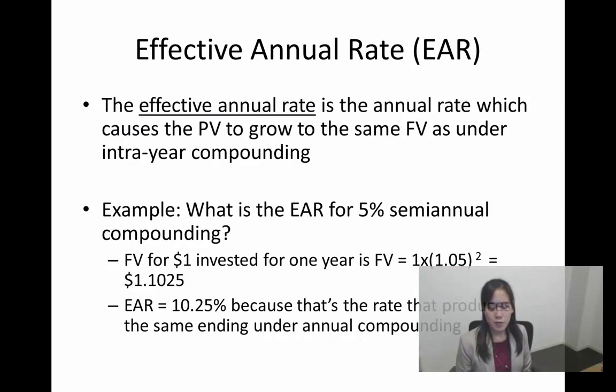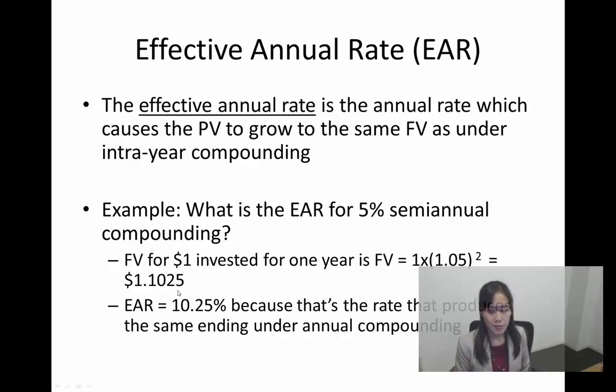All right, well, if we invest $1 now, in 1 year, that $1 would compound twice at 5%, so the future value in 1 year is just 1 times 1.05 squared, and that equals 1.1025. And so the effective annual rate is 10.25%. It's whatever is on the right-hand side after the decimal point.